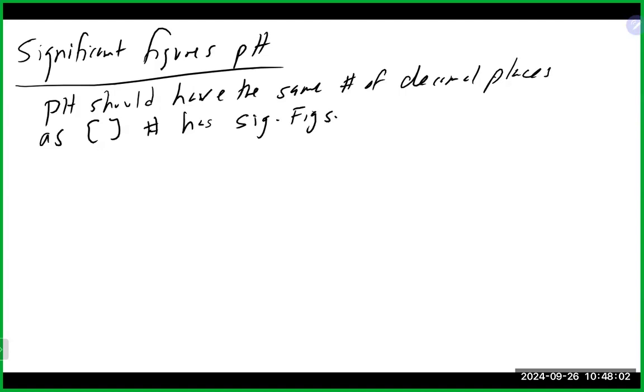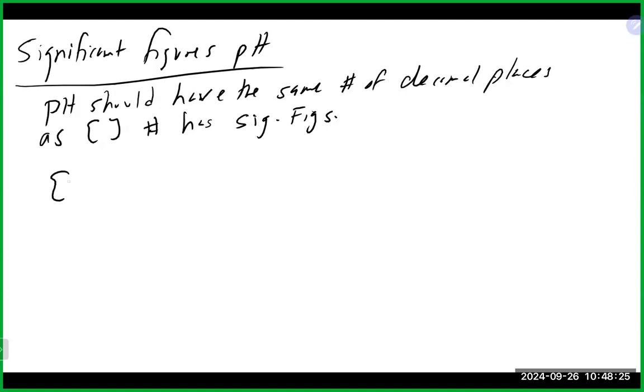So whatever number of significant figures your concentration has is how many decimal places you should take the pH to. And by the way, it works backwards as well. If you have the pH and you want to calculate the concentration, however many decimal places it is in the pH is how many significant figures you should take for your concentration.